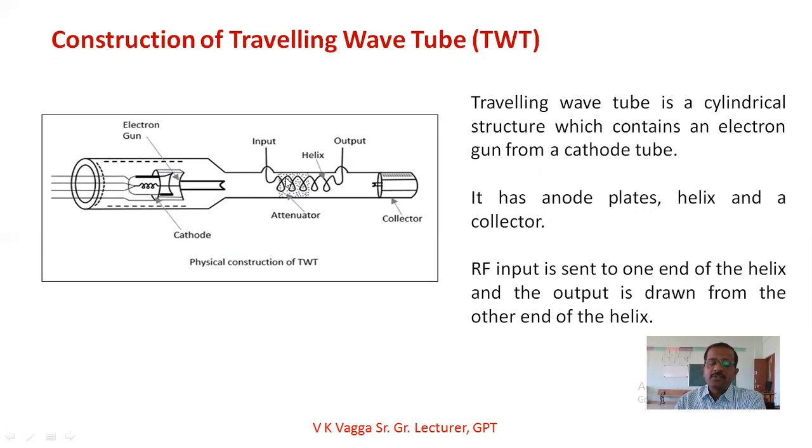It also consists of the coil, called the helix, which is used to decrease the speed of the electron.